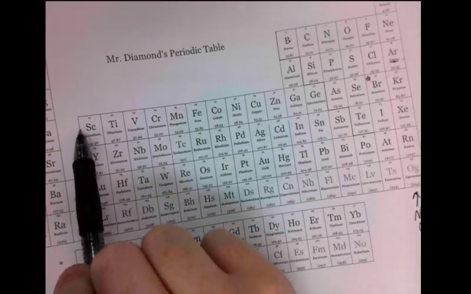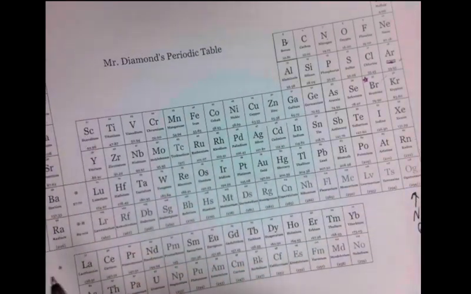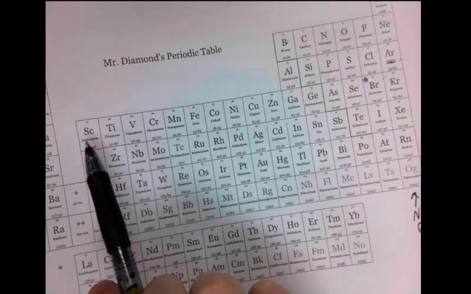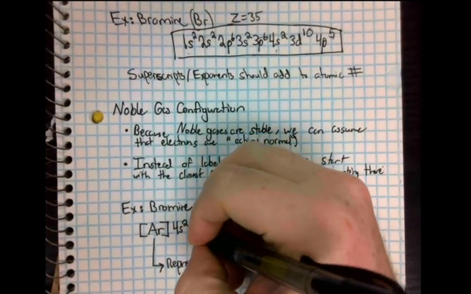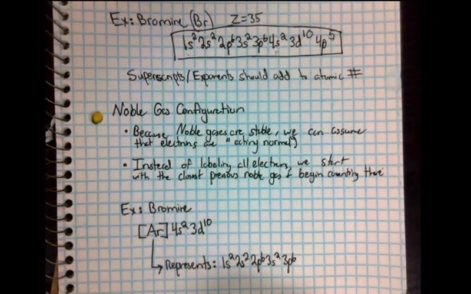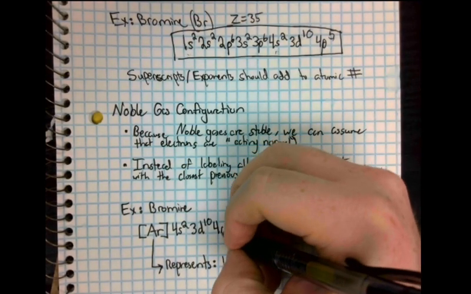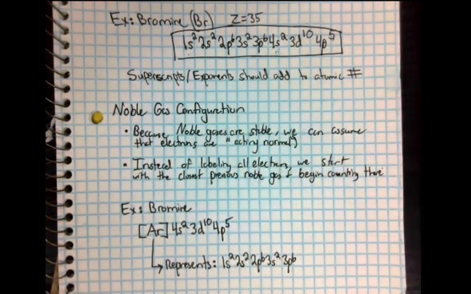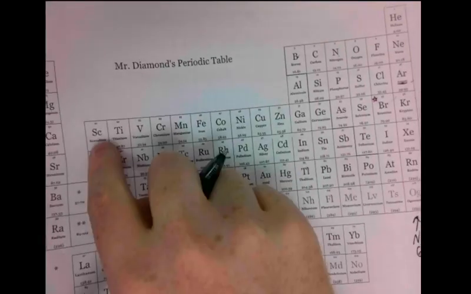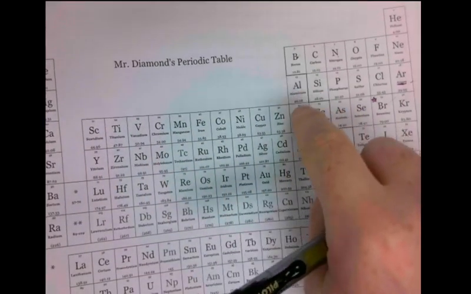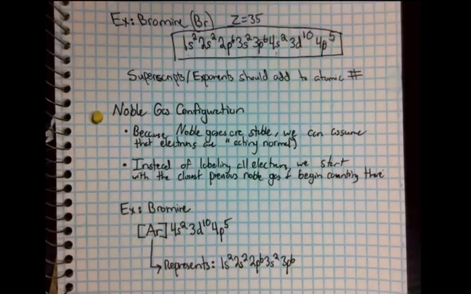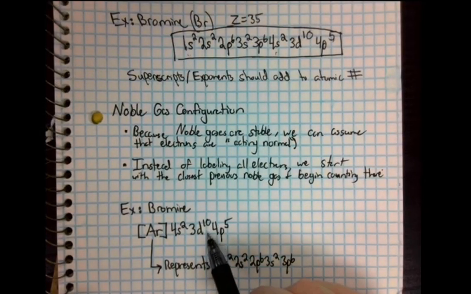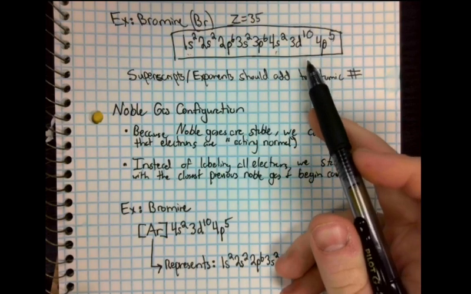Then next would be, remember, it's SPDF, 1, 2, 3, 4. So it'll be 3D10. And then it'll be 4P5, because this was 2P, 3P, 4P, 1, 2, 3, 4, 5. So that is quite a bit shorter than doing this.